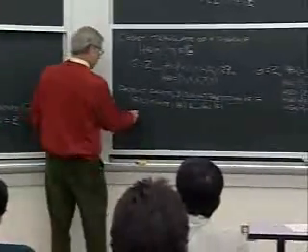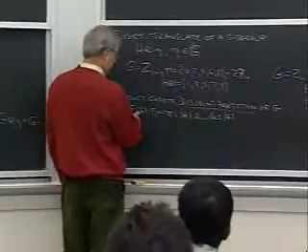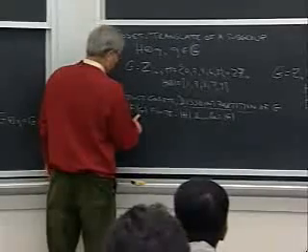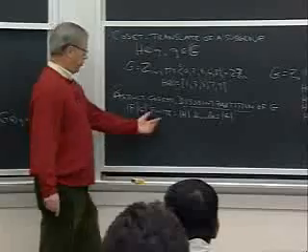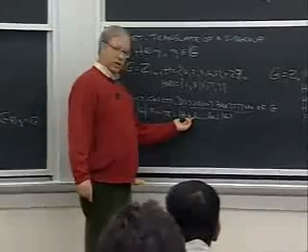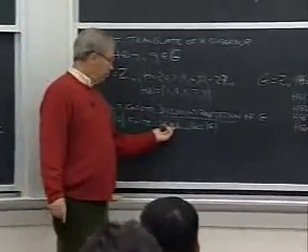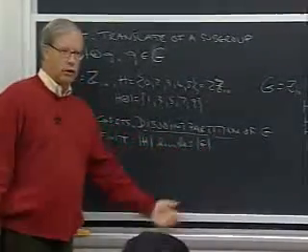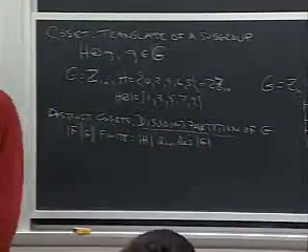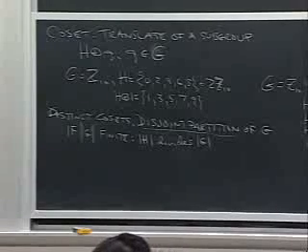If g is a finite group, I mean by this kind of determinant notation the size of h. The size of h divides the size of g. Or more elegantly, the cardinality of h divides the cardinality of g.